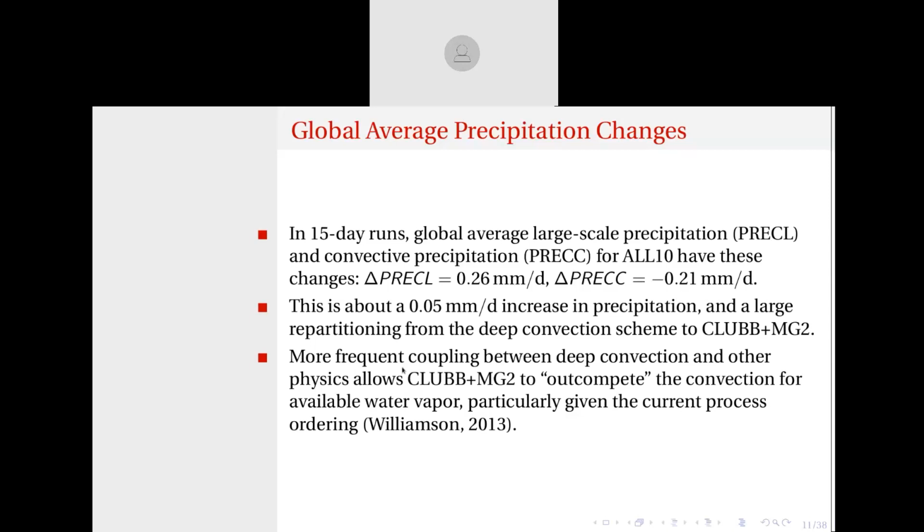The more frequently you couple those, the more the large-scale condensation tends to outcompete the convection, taking more of the available supersaturation produced by the dynamics and causing that to condense, leaving less for the deep convection. Whereas if you take very long time steps, due to the way the process ordering works, the deep convection has more of a chance to use up more of that. So we know part of the reason for this is just the particular details of how this model is constructed.